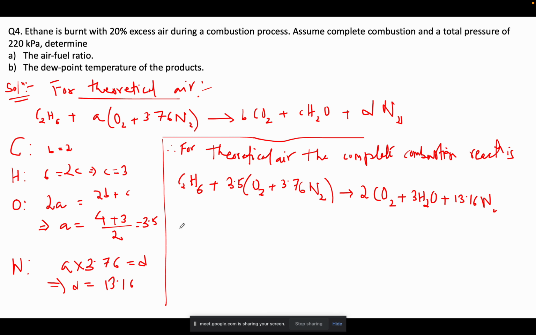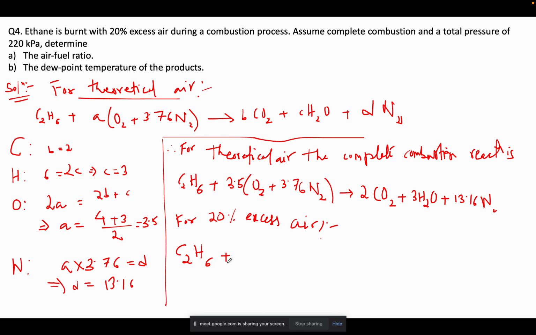Okay, now for 20% excess air, what will happen?